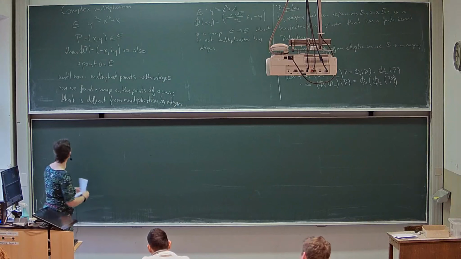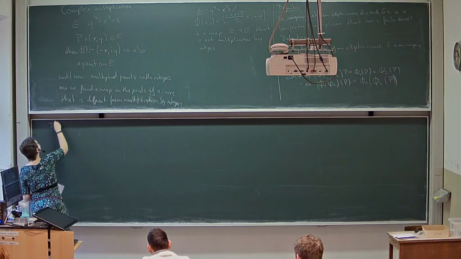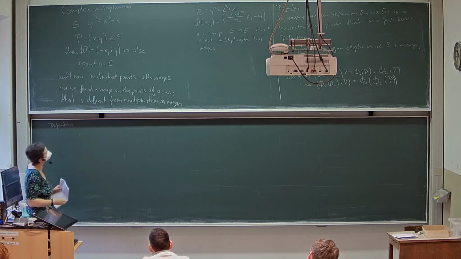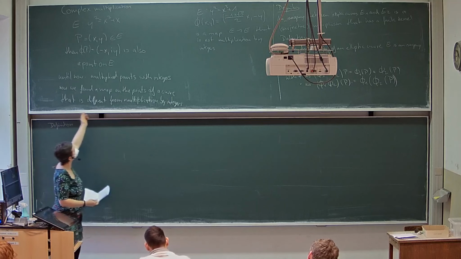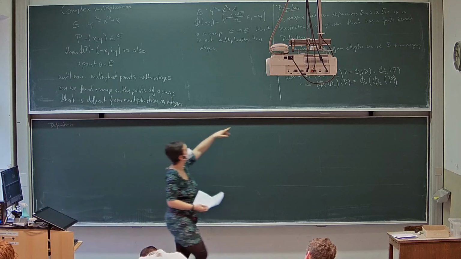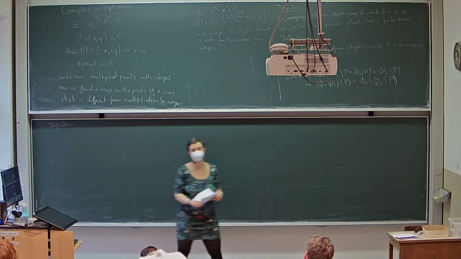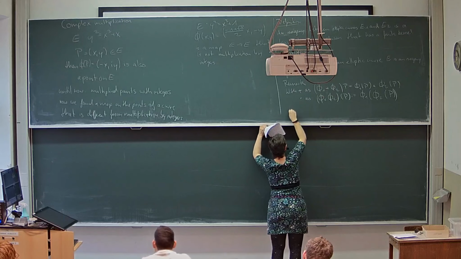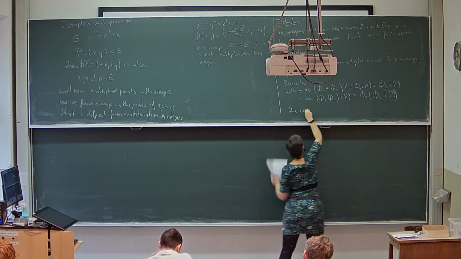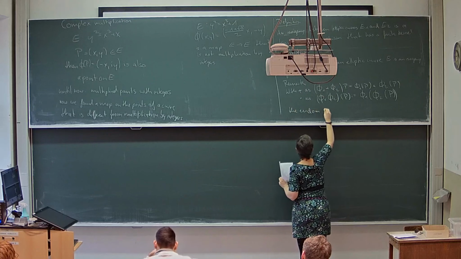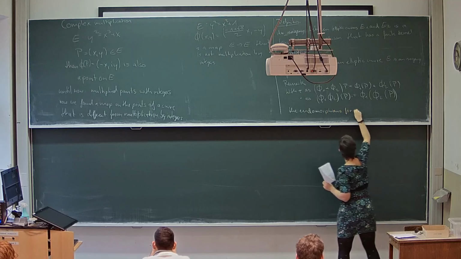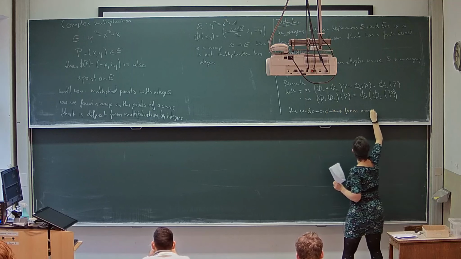So one more definition, or just some wording. I said, of course, the integers are always a part of the endomorphism ring of an elliptic curve. The endomorphisms form a ring.